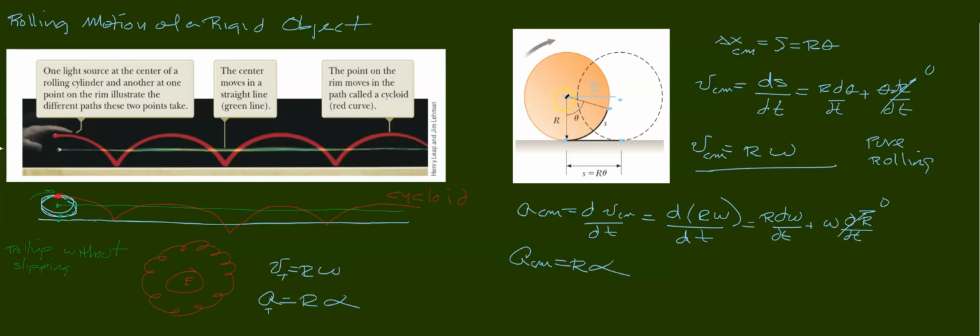If r is the whole radius, then it's the rim, but it could be anywhere here, right? And then these equations, which look almost the same, are the speed and the acceleration of the center of mass of my object that is rolling. So let's say the object is in pure rolling.